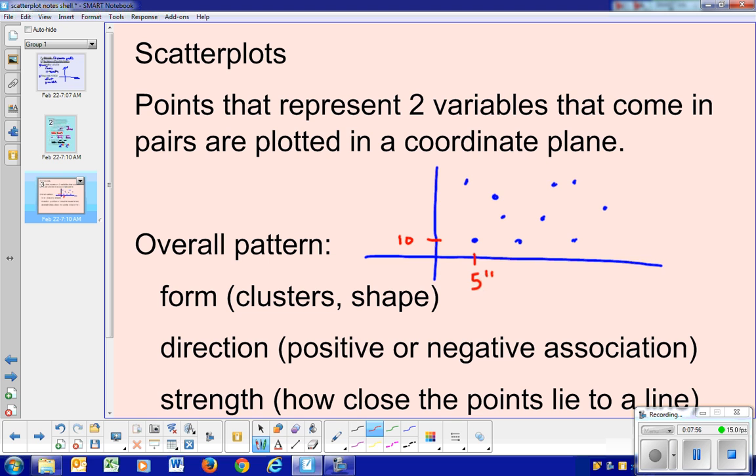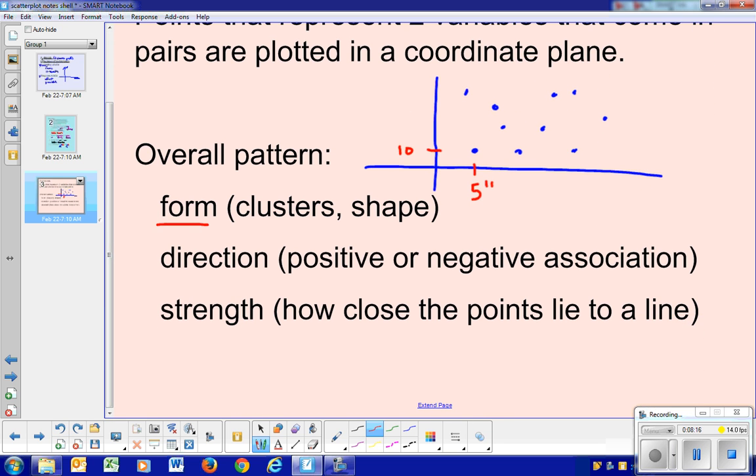This would be the point that represented that ordered pair 5, 10, for example. So each of the ordered pairs would represent a pair of dots that went together in some way in our data set. When we look at our scatter plot, we want to look at 3 different things: form, direction, and strength. This is a very good thing for you guys to pay attention to.